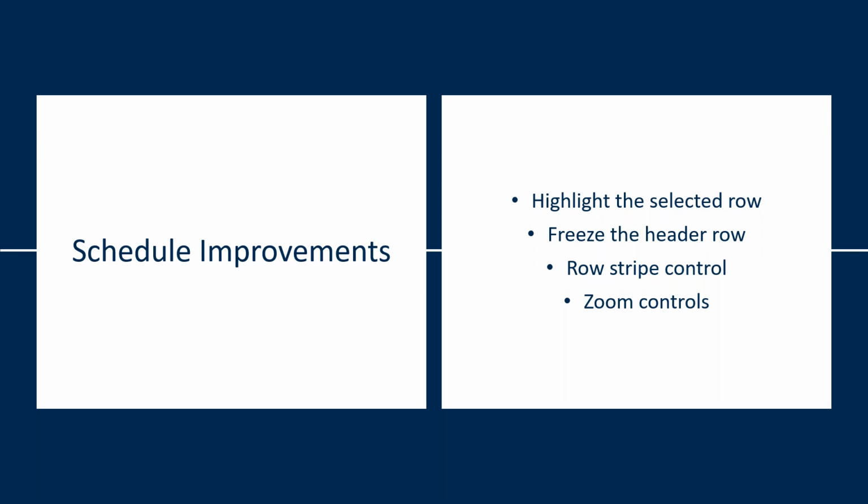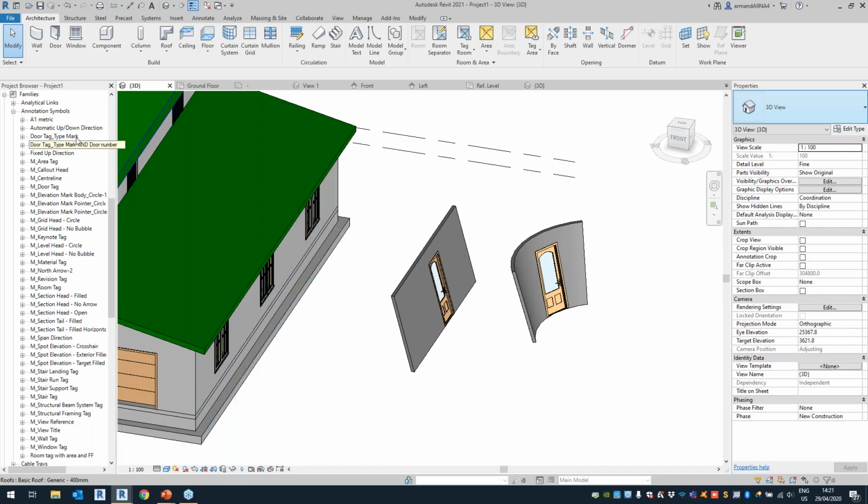And the row stripe control, I have definitely fallen victim to. I don't know how many times you're trying to have a look at a specific row in Revit, and it's not like it's difficult to look with your eyes, and you end up having to highlight the whole thing. Don't have to do that anymore. And then zoom controls, you can now zoom in and out of schedules. So let's have a look.